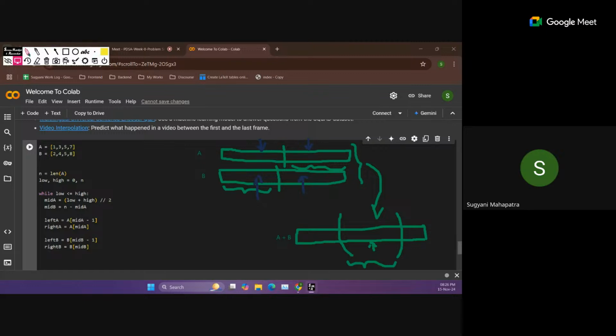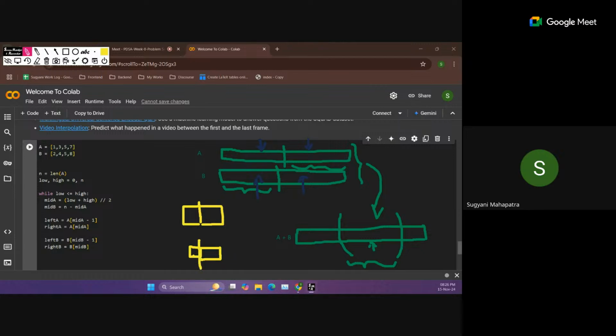So if this is the middle element, we are just taking these two locations. One is this left of A, and one is this right of B. Right.